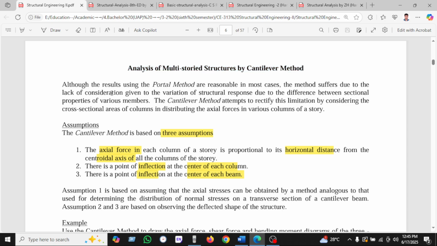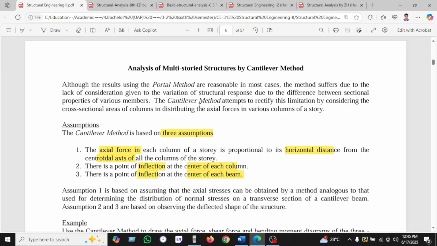Although the results of the portal method are reasonable in most cases, the method suffers due to lack of consideration given to various structural response differences between sectional properties of various members. The cantilever method rectifies the limitation by considering the cross-sectional area of columns, distributing axial force in various columns of the stories.